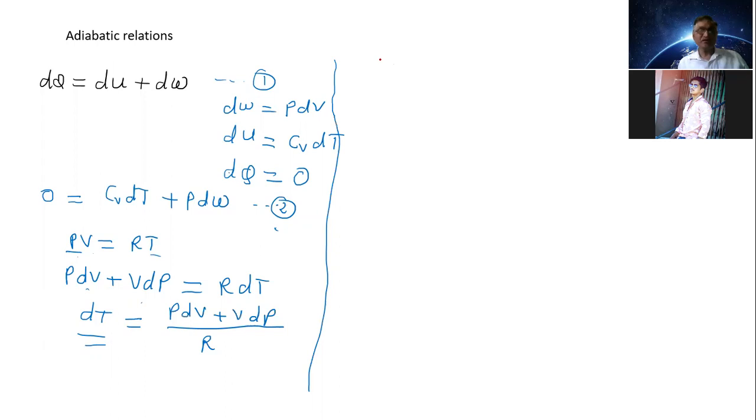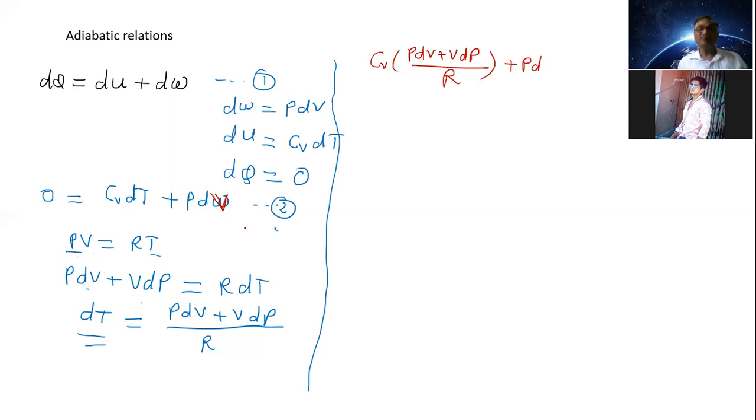Cv into dT means Cv into PdV plus VdP upon R, right? Plus P into dV, here not dW, here is dV, sorry for it.